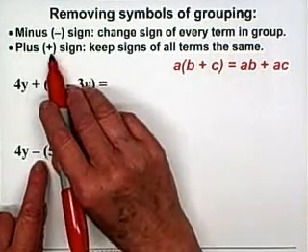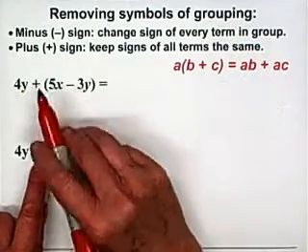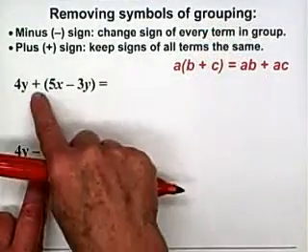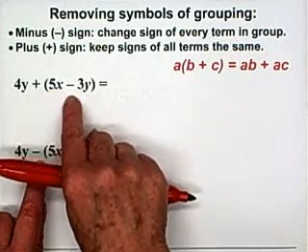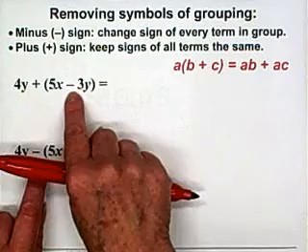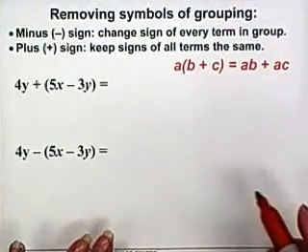If you have a plus sign in front of your symbol of grouping, you can remove the brackets and you leave the signs the same. So this would remain a plus 5x, this would remain a minus 3y. So let's just walk through this and see how it works.